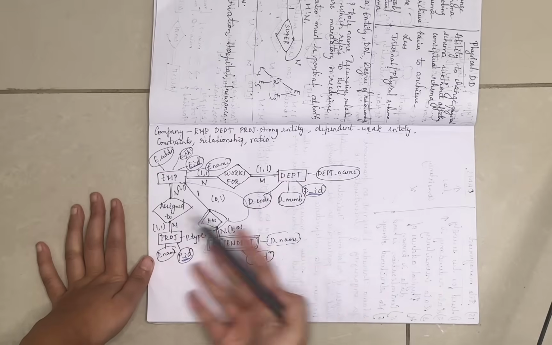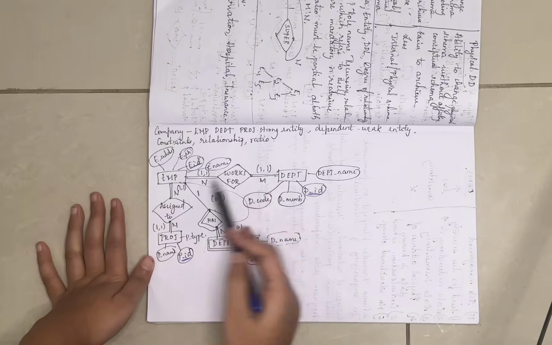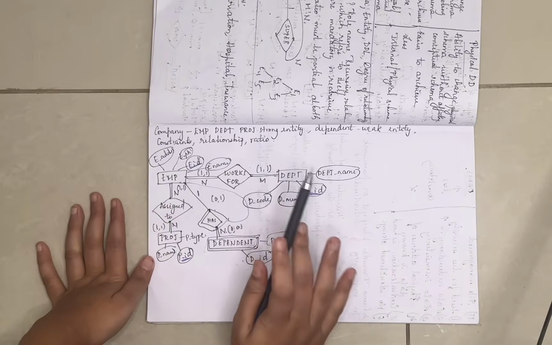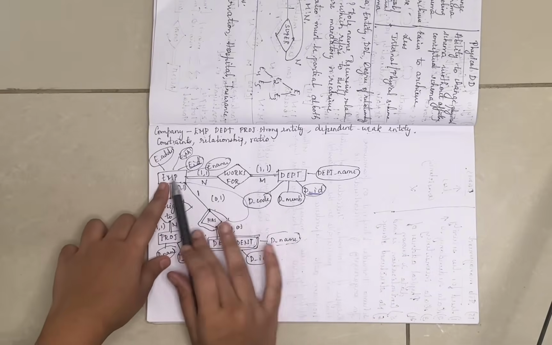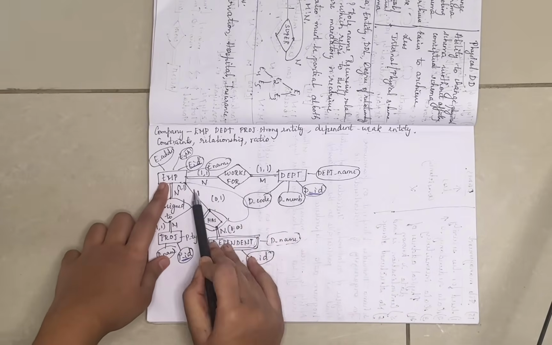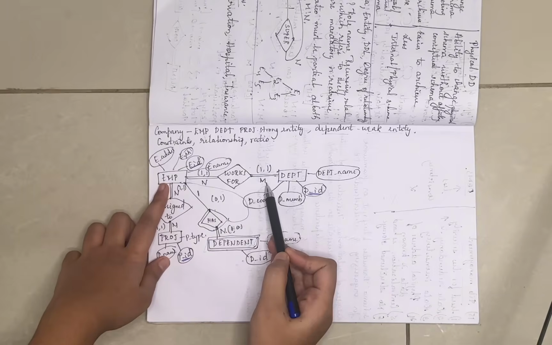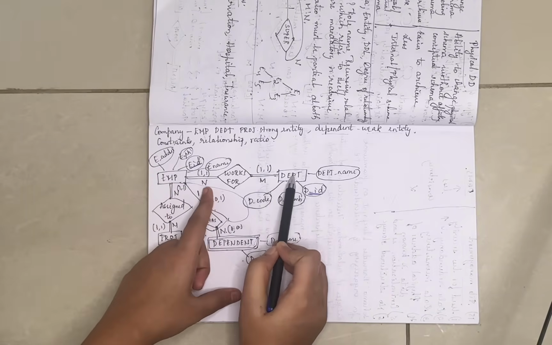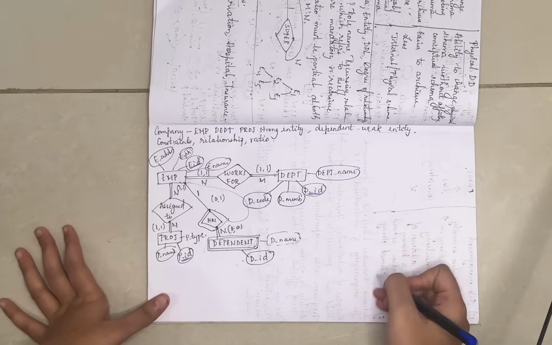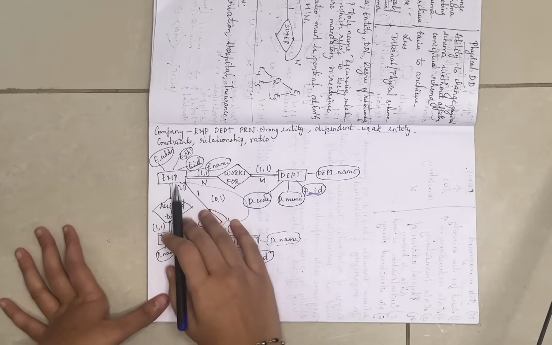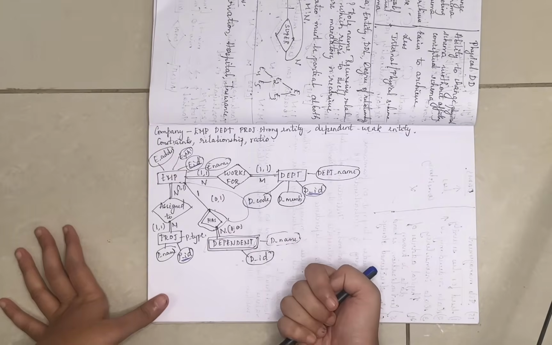Just write the attributes, the cardinality ratio, and the minimum and maximum participation. I hope you know the cardinality ratio for employee, it is written on opposite sides, like multiple employees can belong to multiple departments, something like this. Constraints means you have to write what you have imagined, like what rules you have applied for this diagram.